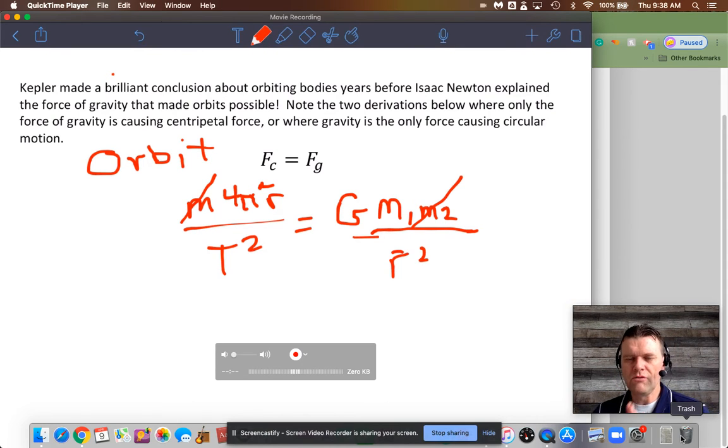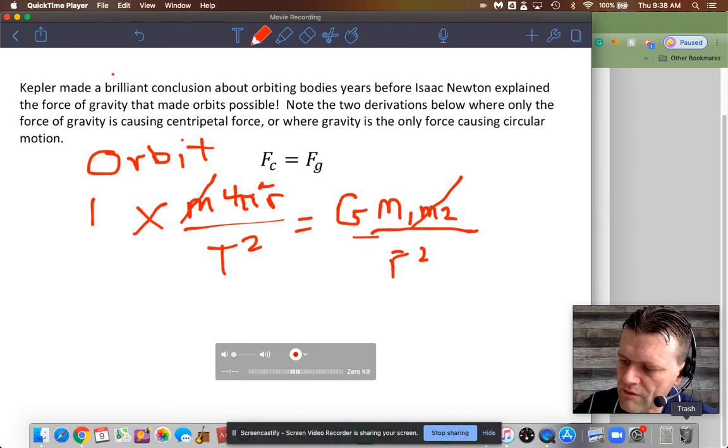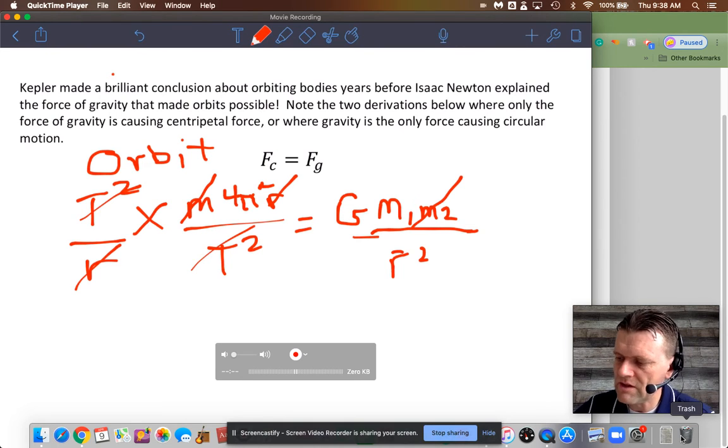Then what we need to do is move the period squared so that it gets above the radius. We're trying to actually make Kepler's constant out of this mess. So I'm going to get T squared out of the denominator and move it over to the right-hand side. I'm also going to divide by the radius. Then I can cancel that radius, and I can also cancel T squared from this side.